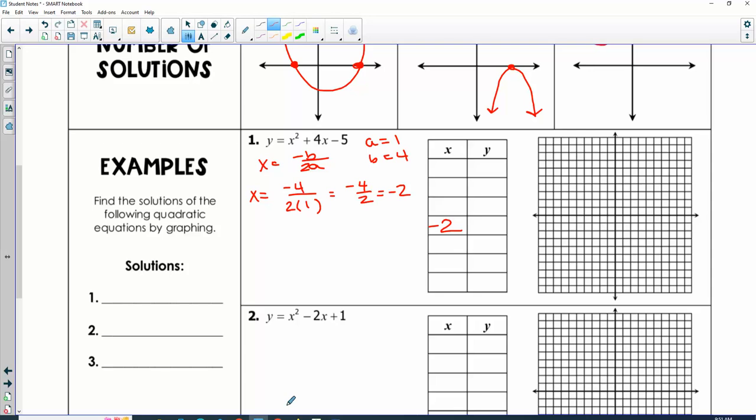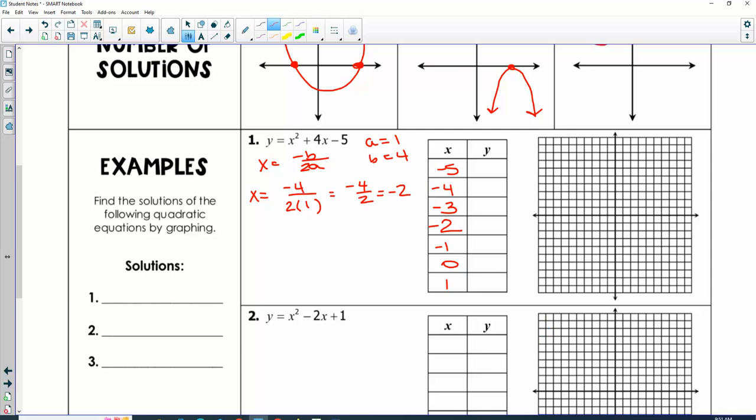All right, we are going to put in a few more points just to help us find those points on the x-axis, but we're still, from here, just going bigger and smaller. So smaller, maybe negative 3, negative 4, negative 5, bigger, negative 1, 0, and 1.